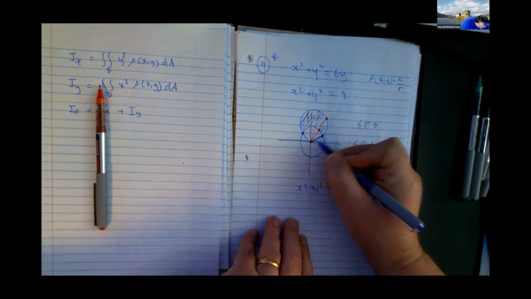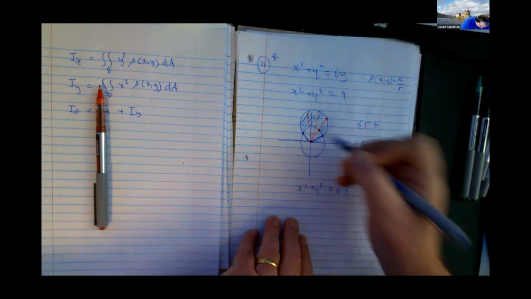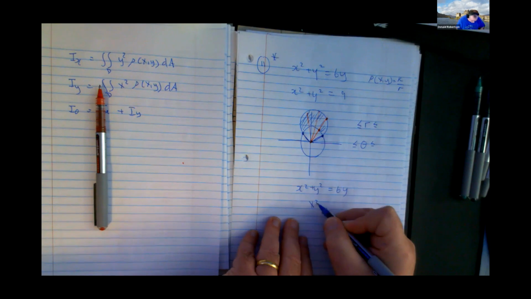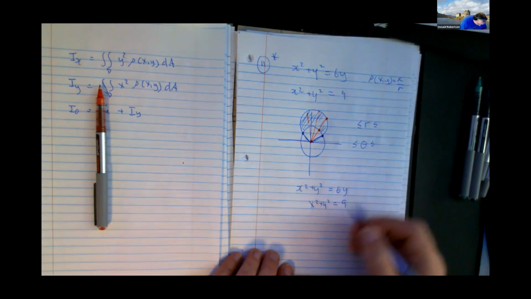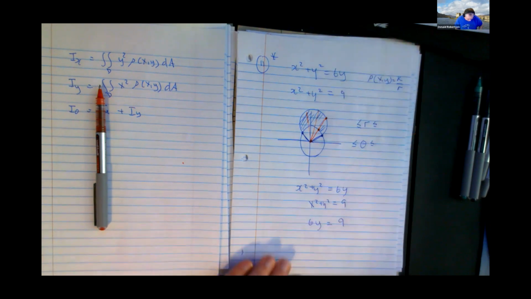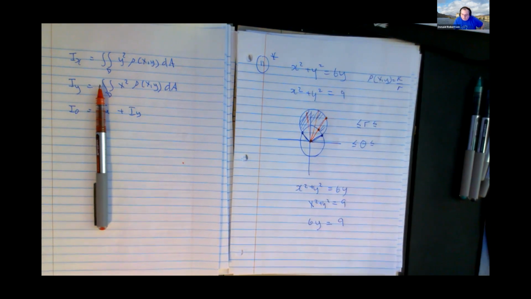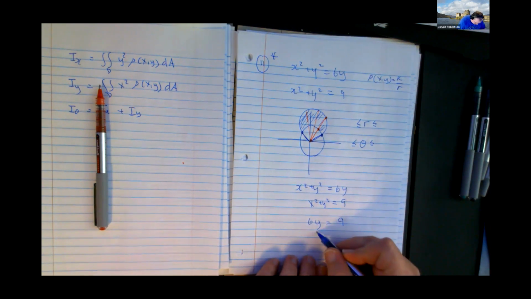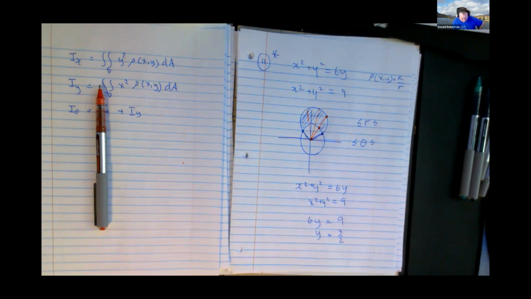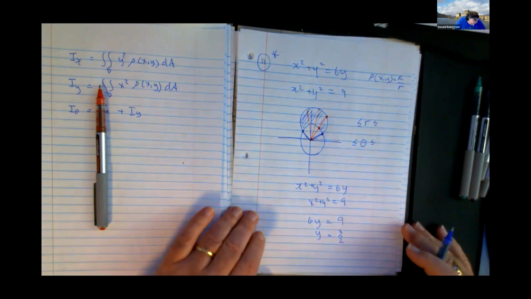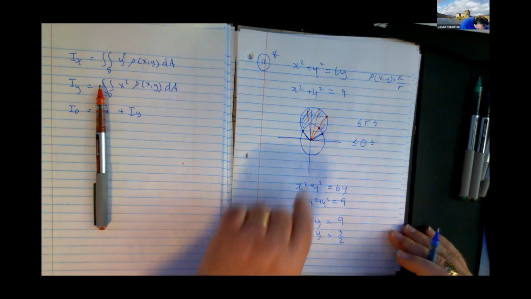So I need to find out where this one intersects with that one, but I need to understand what it is in polar. Now, if you equate these, isn't 6y equal to 9? Agreed? And so does it not make y 3/2?